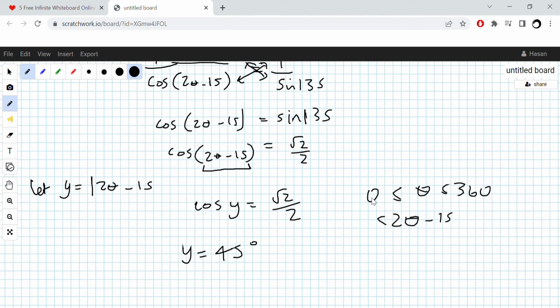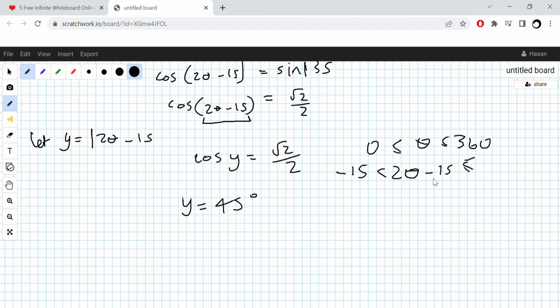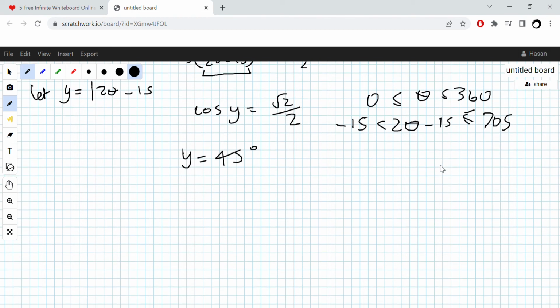On the left you would have minus 15, and on the right you would have 360 times 2, and then minus 15, which is 705. That's our new interval, so we're going to be finding angles in the region from −15 to 705.